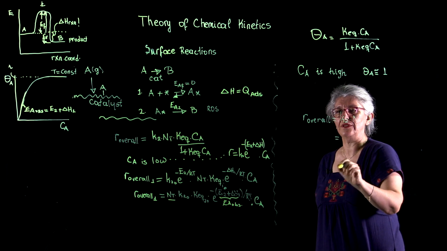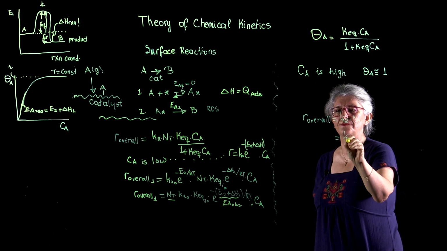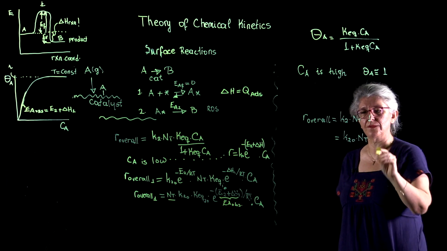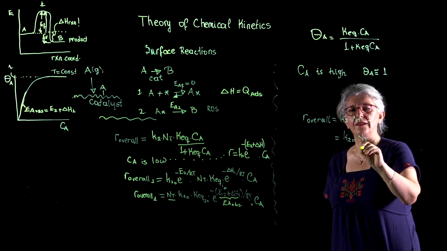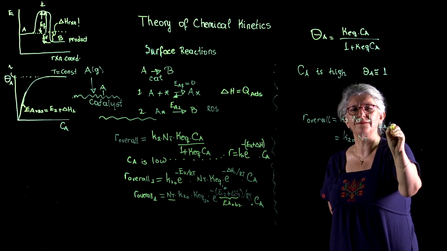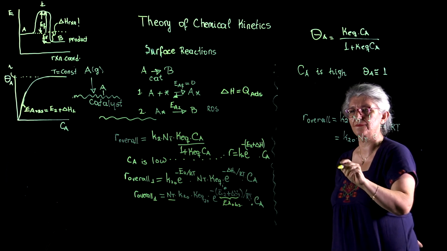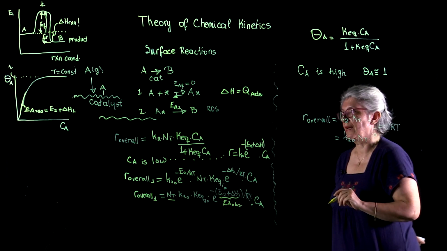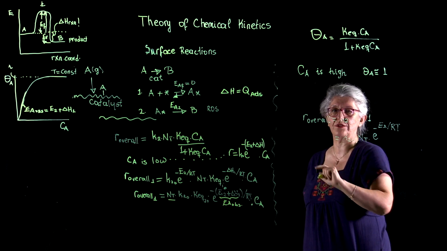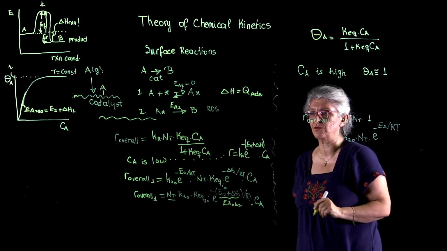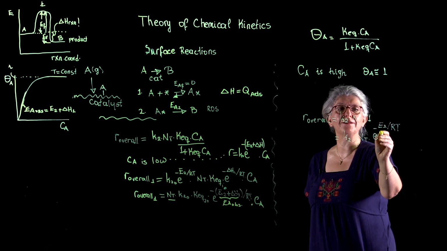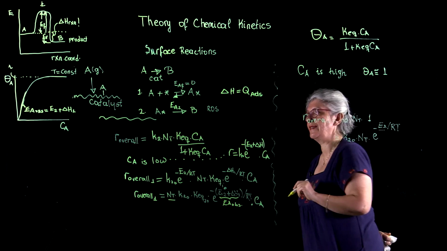Our K2 is K20 times N total times e to the power minus E2 over RT. And our reaction is zeroth order with respect to concentration of A. And our activation energy is plain E2.